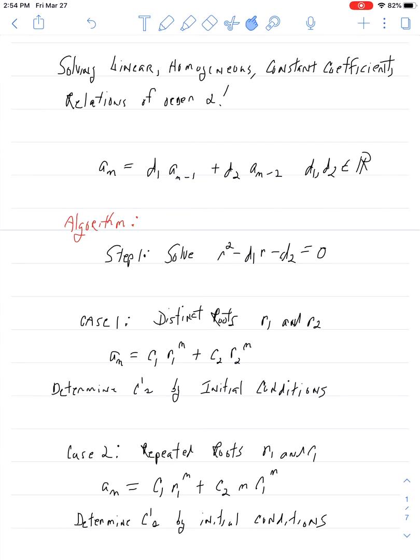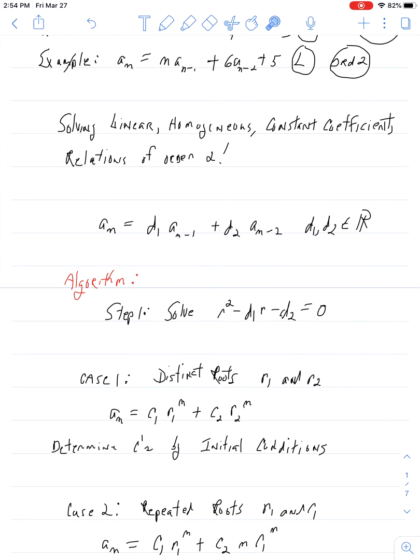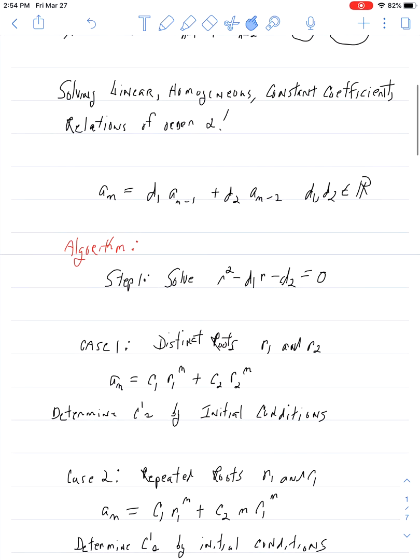So we're going to solve some more linear homogeneous constant coefficient recurrence relations of order 2. Remember, they all look like this. And our algorithm tells us to first solve this quadratic equation where the d's come from up here.